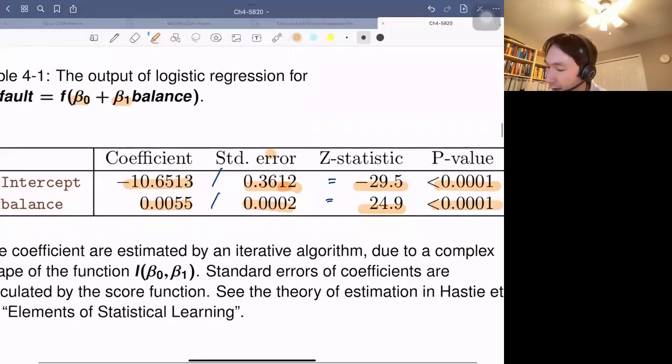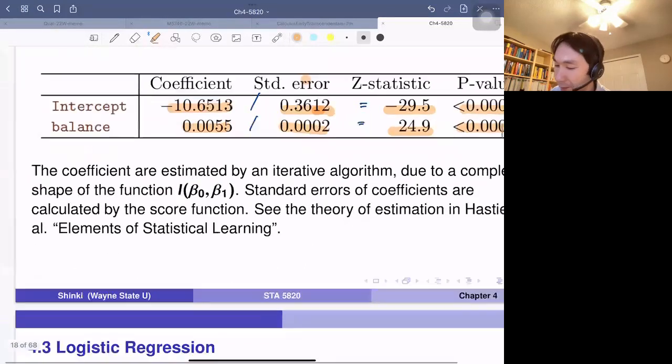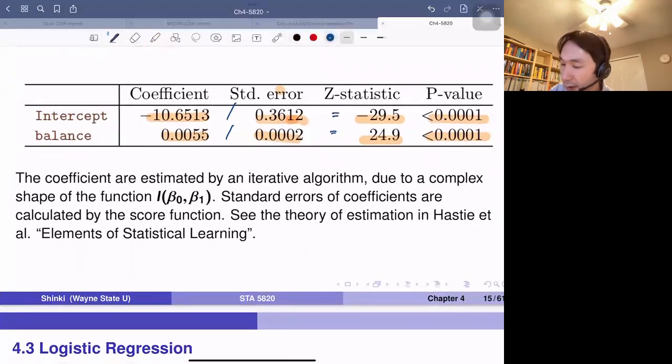So if the z statistic is more than 2, or to be exact, more than 1.96, we can say it's statistically significant. You can see that this coefficient is positive, so a larger balance means a larger default probability. That is very important in interpretation.